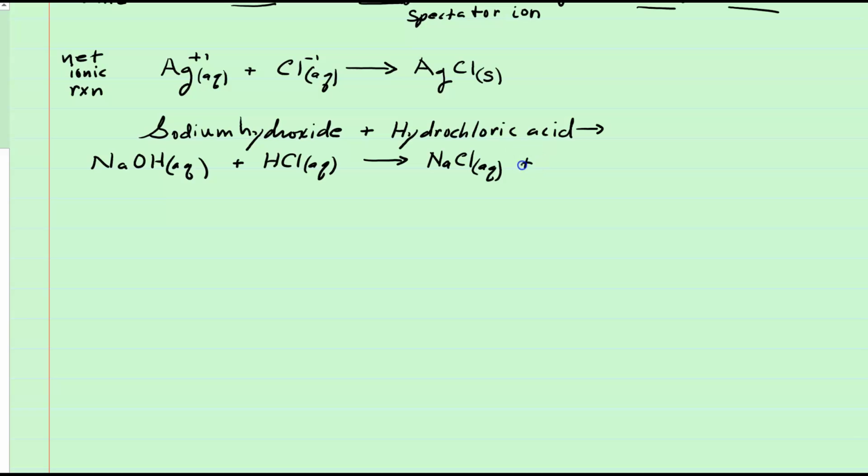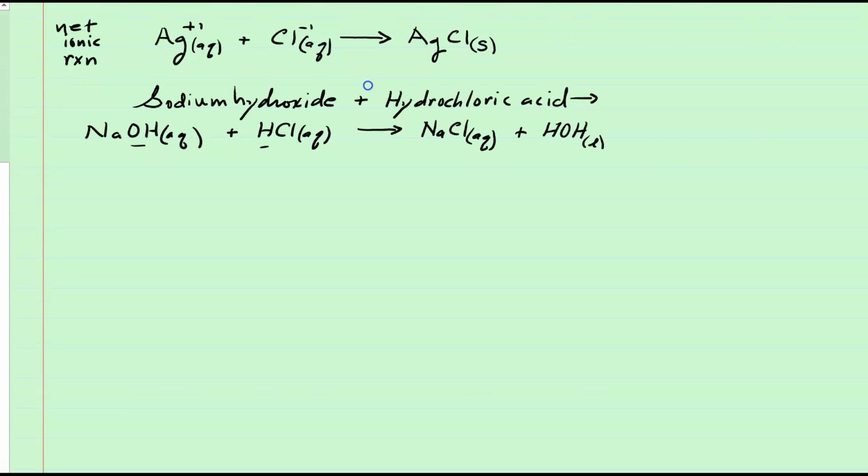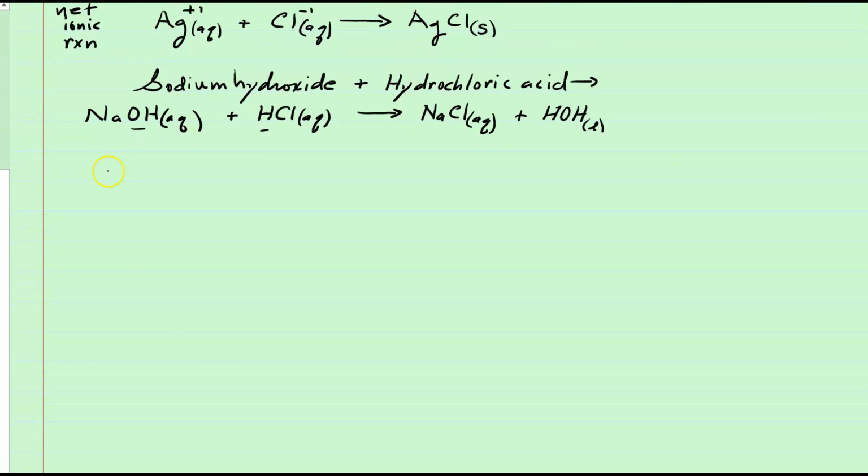And we also have this other interaction between the hydrogen ions and the hydroxide ions, and that forms HOH, which is, of course, water, which is a molecular compound, not an ionic compound. So now if we break this apart into ions, we can see that what we're going to have is sodium ions in solution plus hydroxide ions in solution.